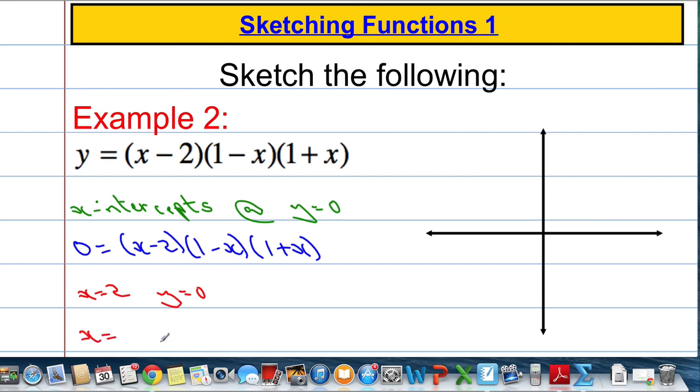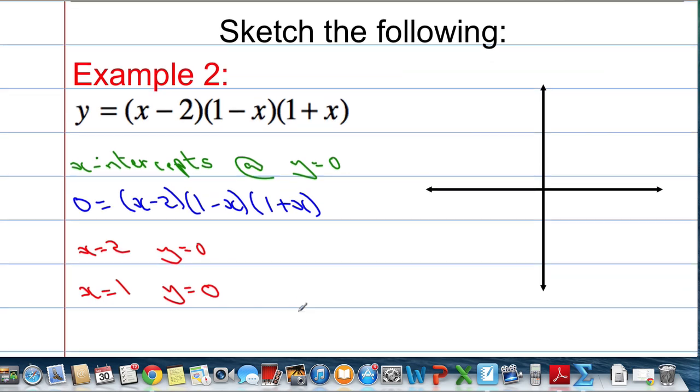If x was 1, 1 subtract 1, y would equal 0. And also if x equaled negative 1, y would equal 0.